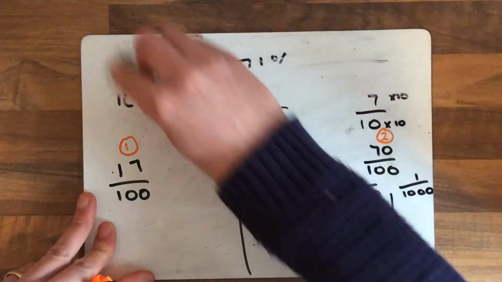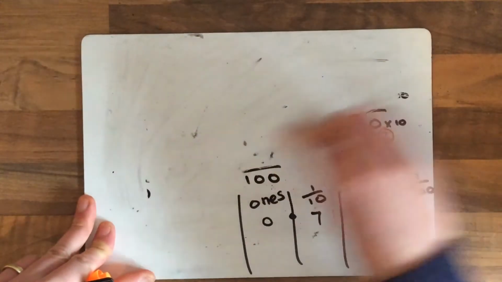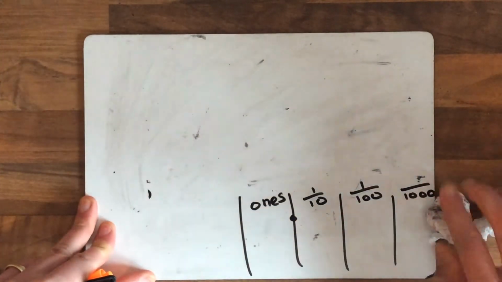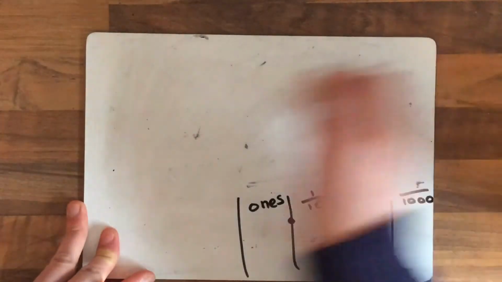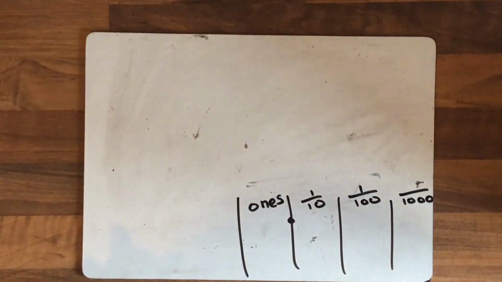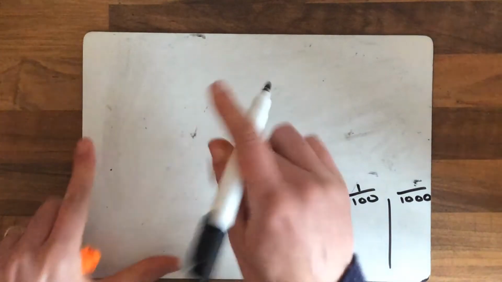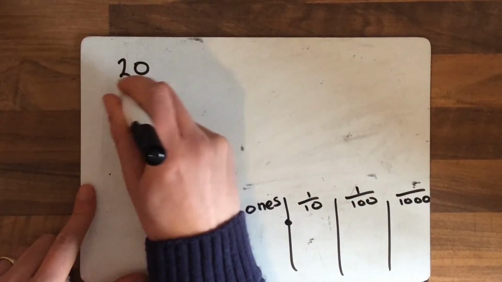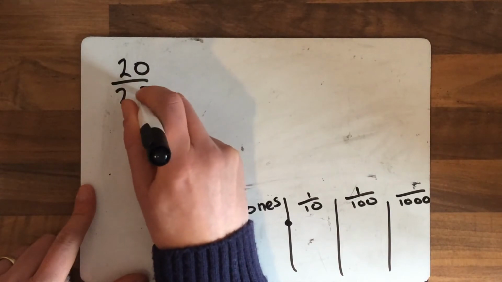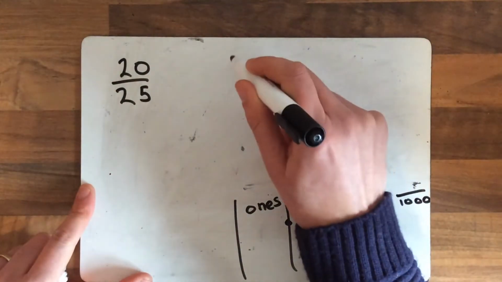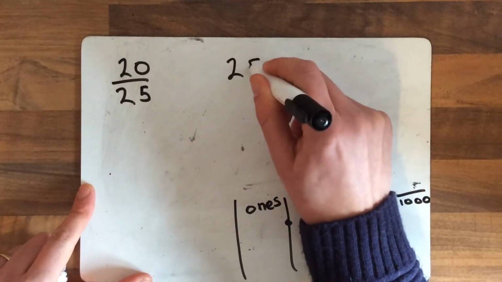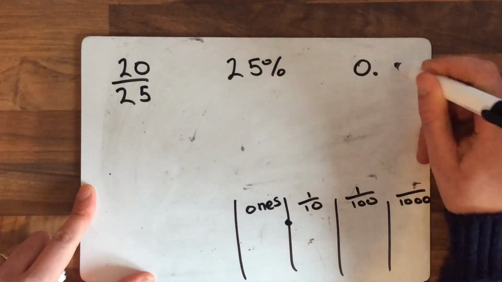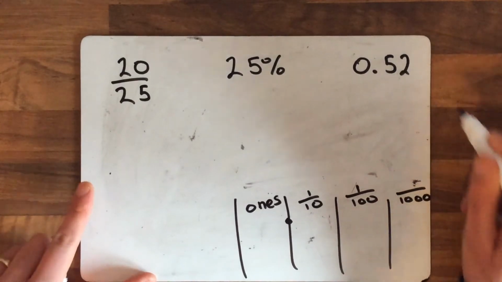Right, so let's have a go at another one with all three fractions, decimals, and percentages. So if I had, now let's do 20 over 25, 25% and 0.52.